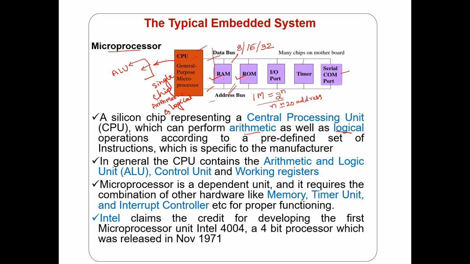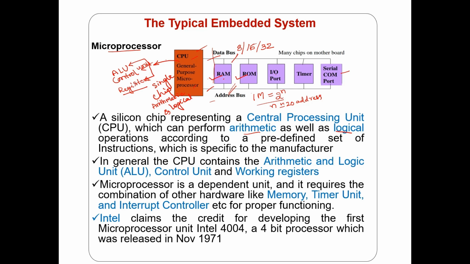The entire embedded system should be under the control of the CPU, so there is a control block, the control unit. The other component in the CPU is the register set, which provides temporary storage during the execution of any program or task by the embedded system. Hence these registers are also termed working registers.